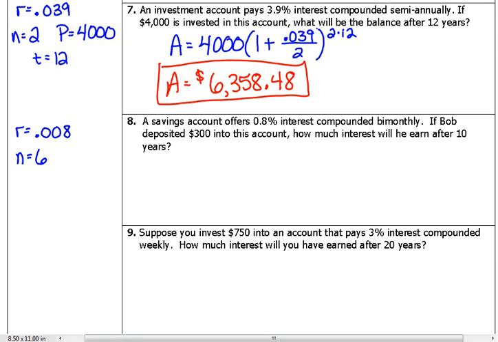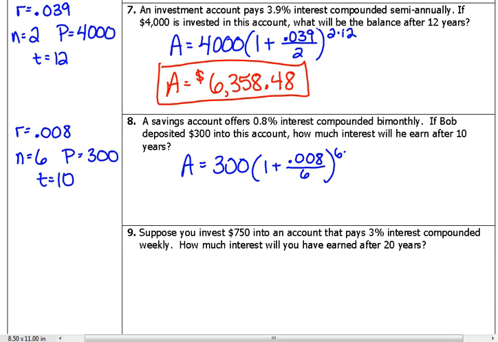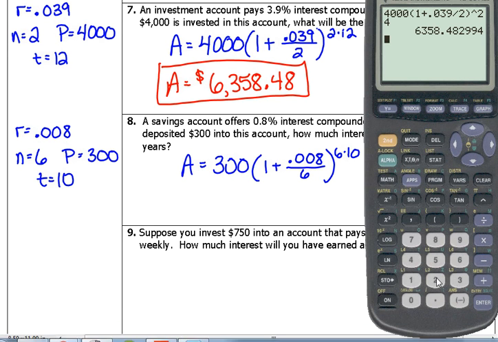If Bob deposited $300 into this account, so that's our principal, $300. How much interest will he earn after 10 years? So T equals 10. So let's set up the equation. A equals 300 times 1 plus 0.008 over 6 raised to the 6 times 10. Crunch the numbers.